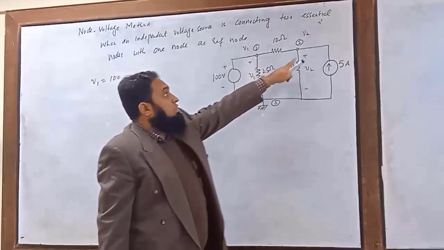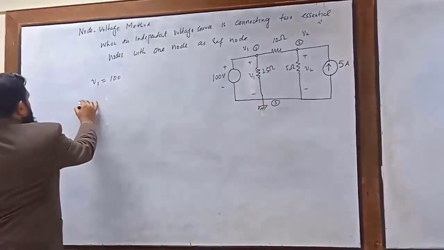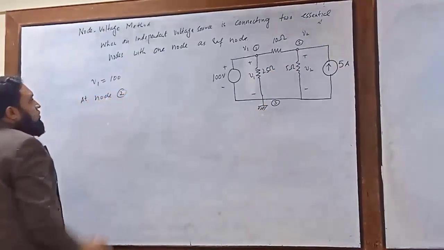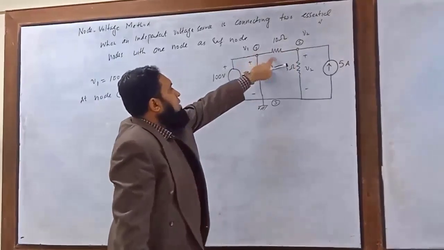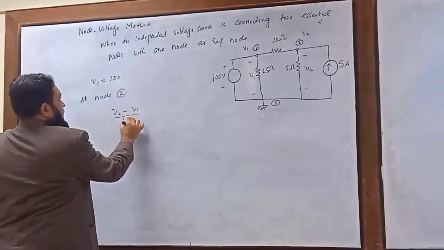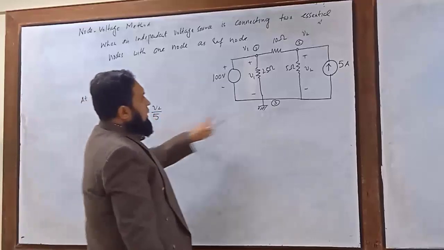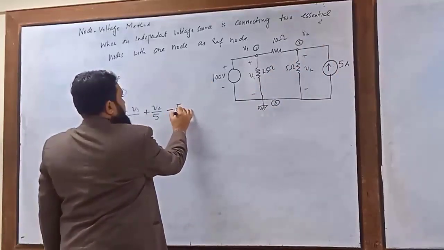Now consider the voltage equation at node 2. At node 2, we can write the voltage equation like this: V2 minus V1 divided by 10 ohm plus V2 divided by 5 ohm, and this current is entering, so it will be equal to minus 5.